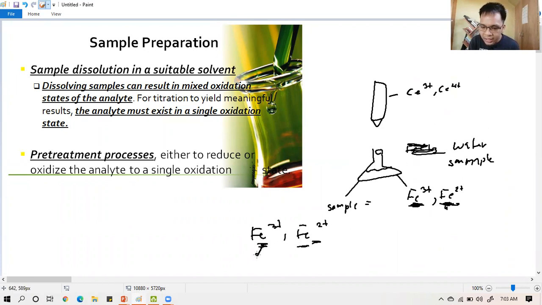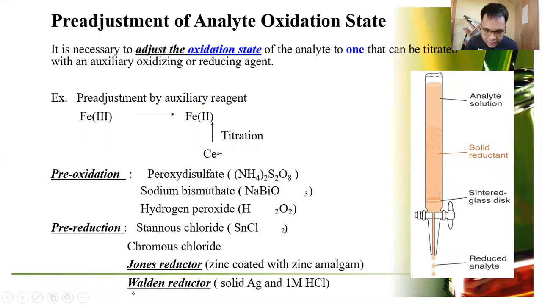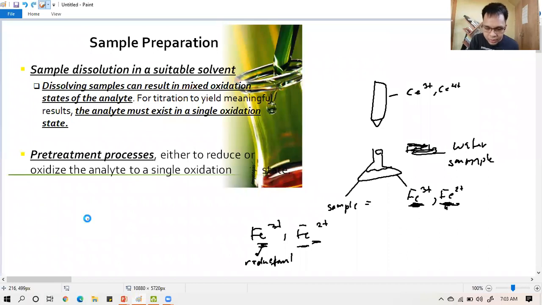So, gagamitin mo dito is, gagamit ka ng mga reductant. So, ano ba yung ginagamit doon? These are the list. We have the stannous chloride, we have the chromous chloride, Jones reduction, and Walden reductor for the pre-reduction. What if naman suppose that you want only, ang ina-analyze mo lang, is yung ating ferric ion instead of ferrous ion. So, ang gagawin mo dito is i-oxidize mo siya.